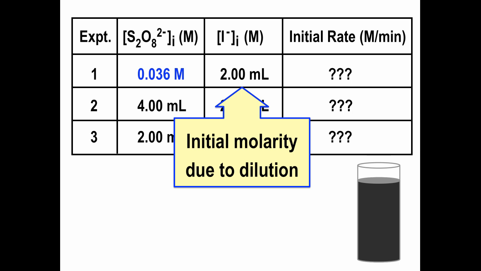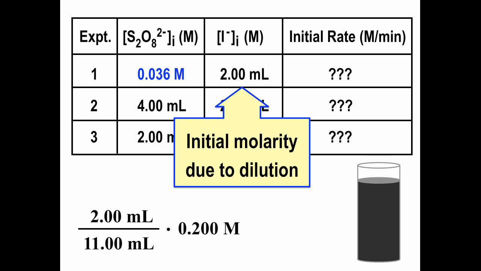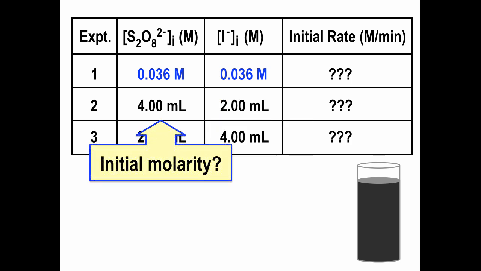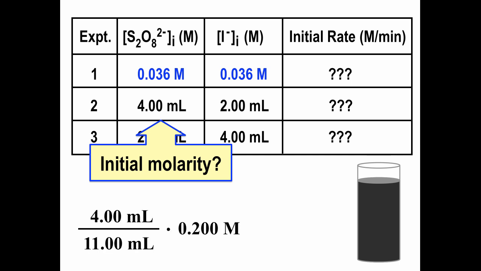Well, I-, same exact type of thing. The stock solution was 0.200 molar, but it's been diluted by the other substances, so its initial molarity is also 2/11 of 0.200 molar, which is 0.036 molar. Now in experiment 2, we're going to use 4 milliliters instead of 2 milliliters of the S2O8 2-, so its initial molarity is 4/11 of 0.200 molar, and that's 0.072 molar.